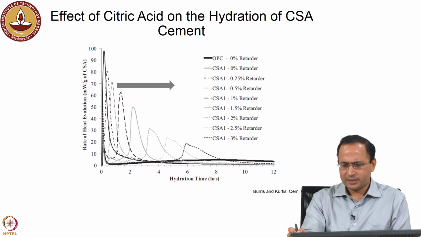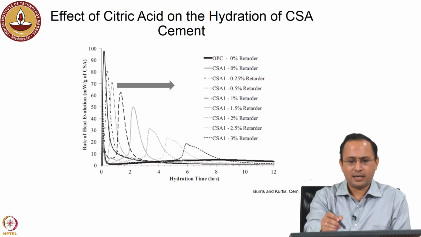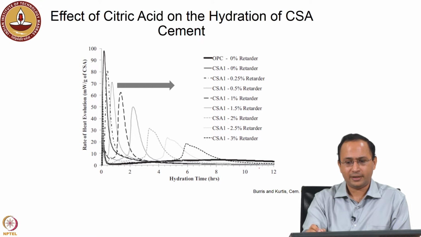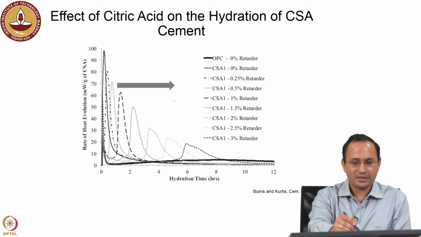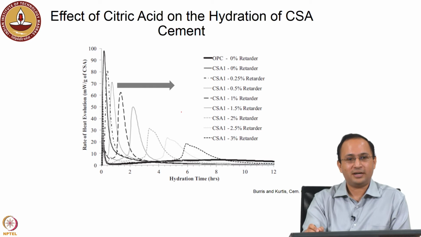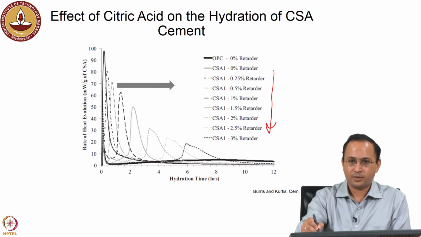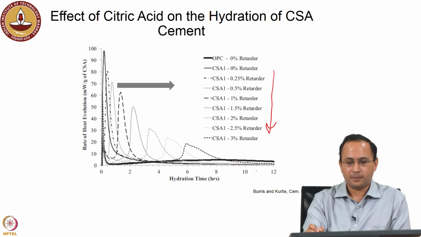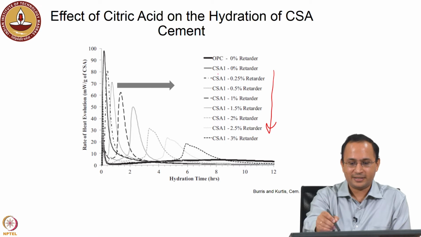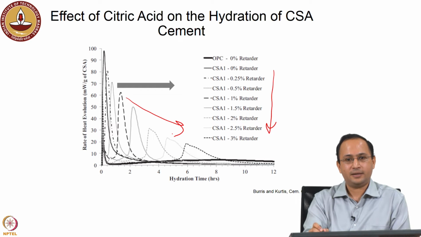This study, published in 2007, addressed the issue of this shorter dormant period by adding citric acid, right. Citric acid, basically what you can see is that it is a good retarder for CSA cement. As you increase the amount of citric acid in this CSA system, you are delaying the peak, right.